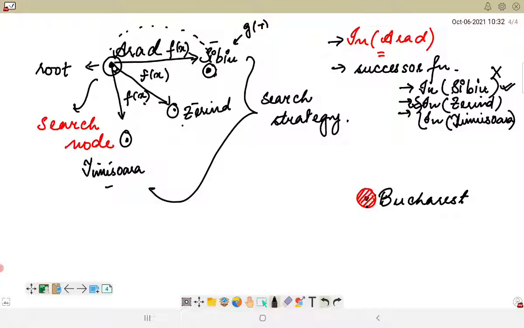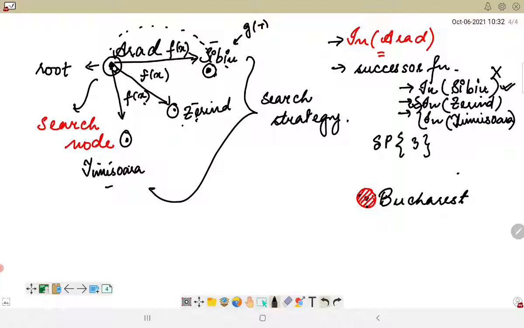So in the state space there will be 20 states, but there can be an infinite number of paths in the state space, right? So suppose here, from Arad to Bucharest, there are 3 different cities. So the state space will consist of 3 different cities.